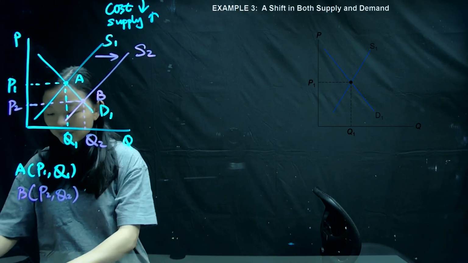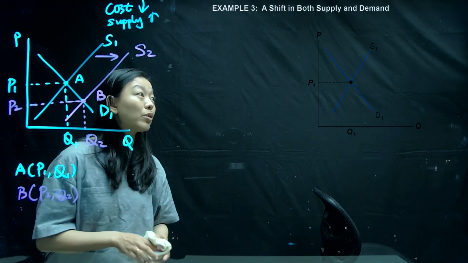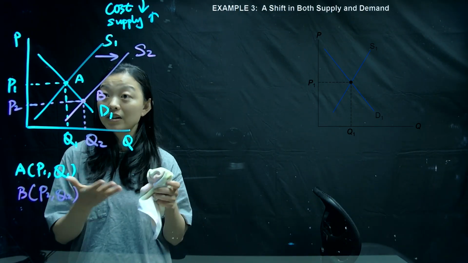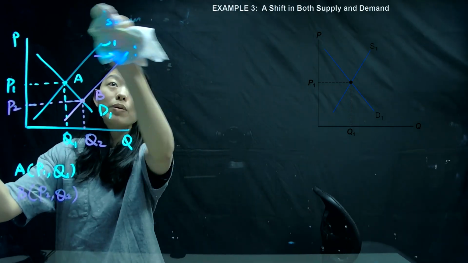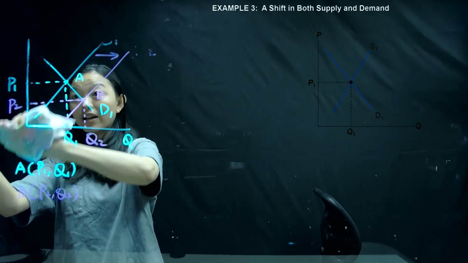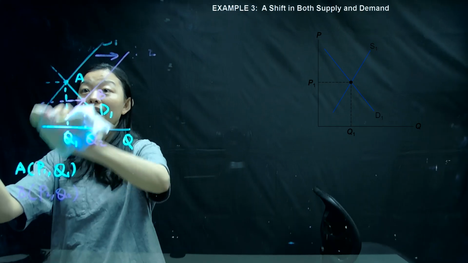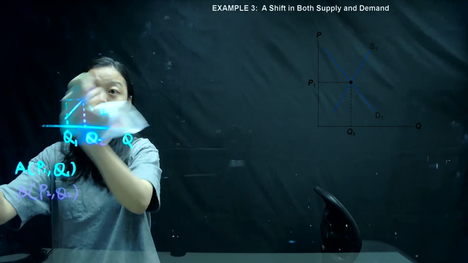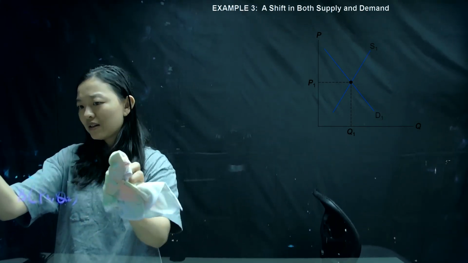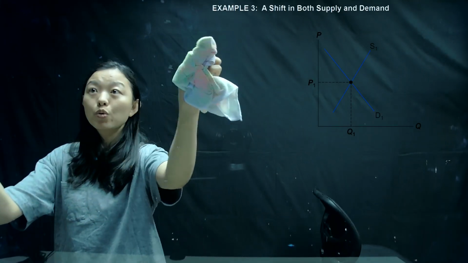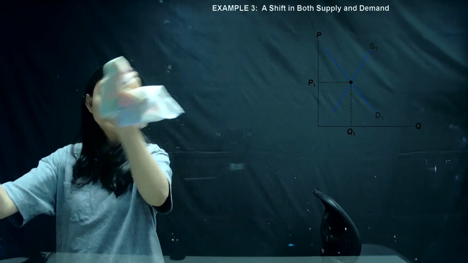Now for example 3, we are talking about supply and demand shifting at the same time. Then what happens? That will be a little bit tricky if the supply curve and demand curve shift at the same time, okay? So let's see example 3. Example 3 is very important, because it will summarize what we have learned before.